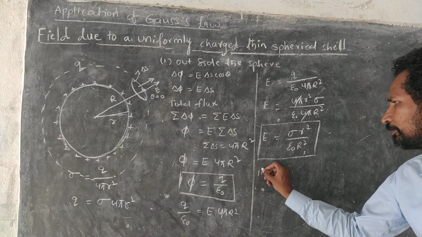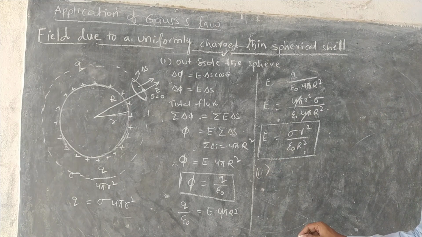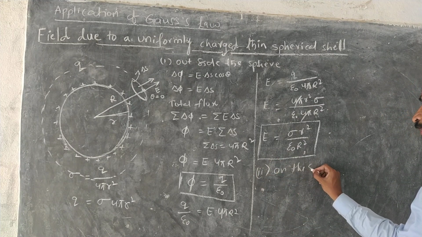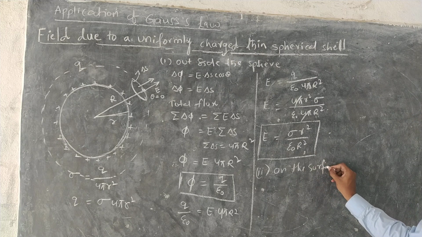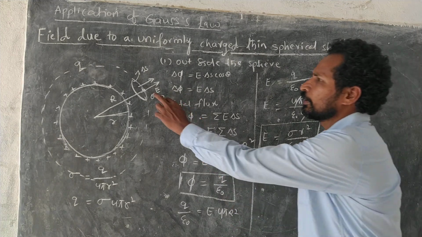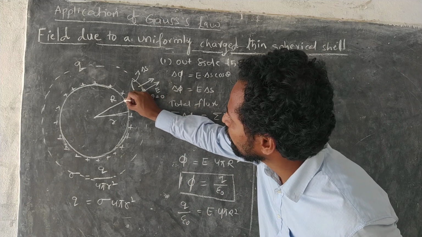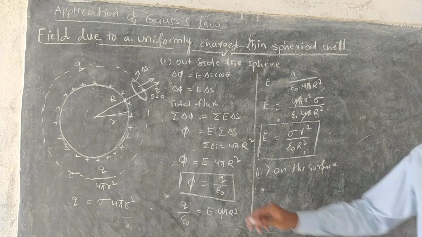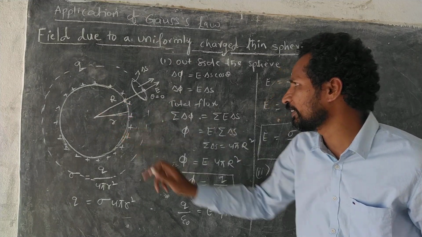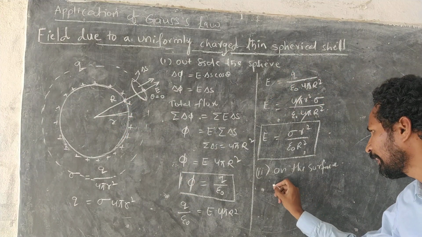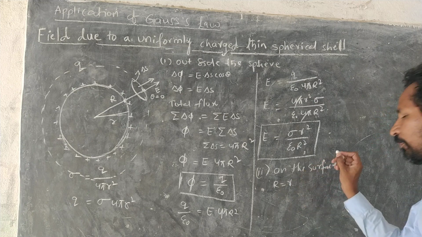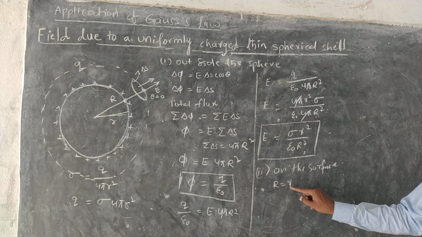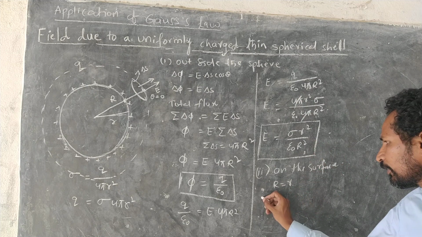Second case is on the surface. Take this point on the surface. If you take the point on the surface, then what happens? The distance of this point from the center, capital R, will become small r. So instead of capital R, substitute small r in the above equation.